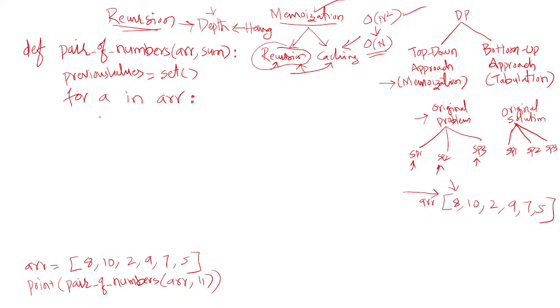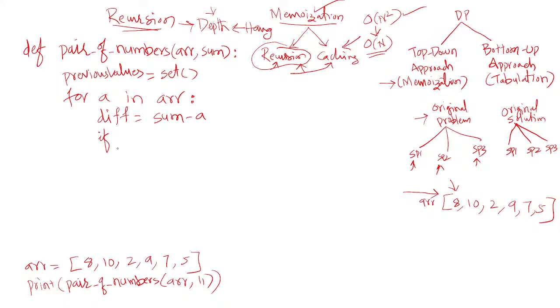First I calculate the difference here. Difference is equal to sum minus a. Then I check whether this difference value is already present in the previous values, that is nothing but the second number we require.